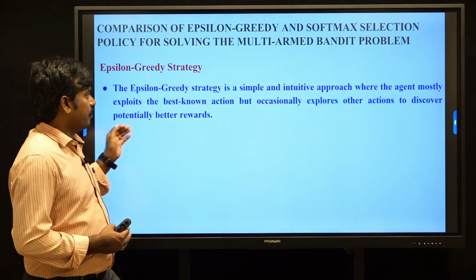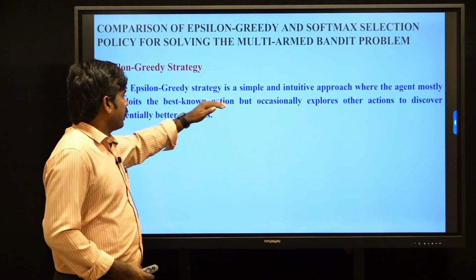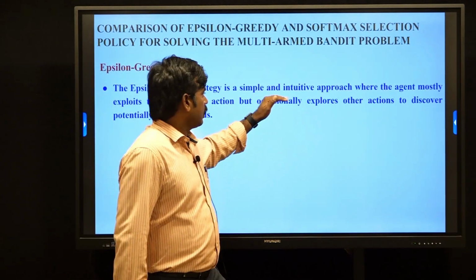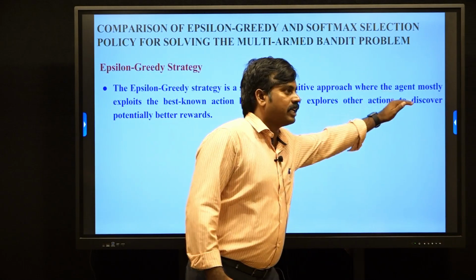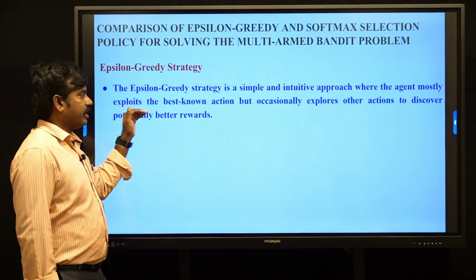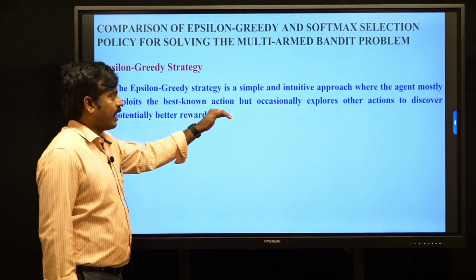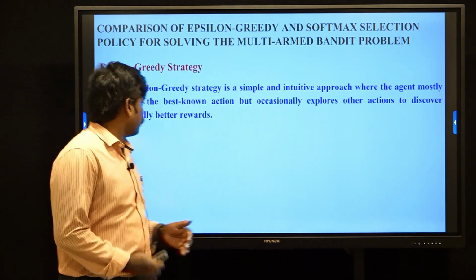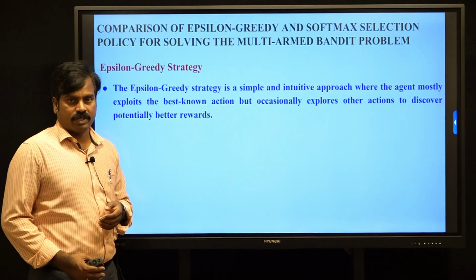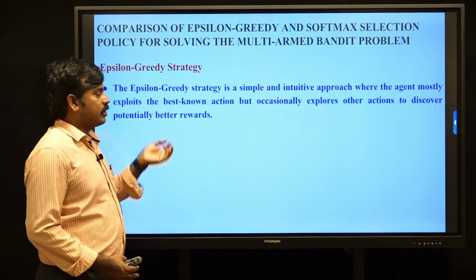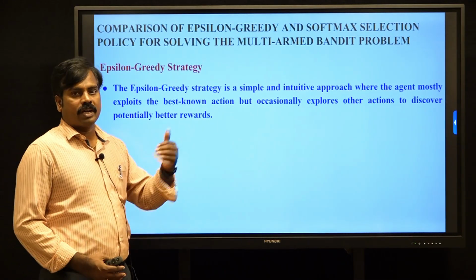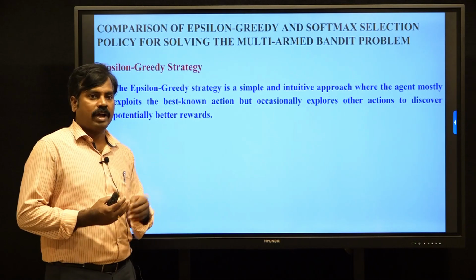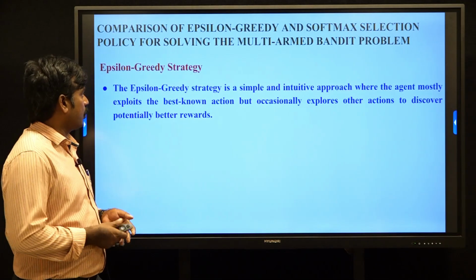The Epsilon-Greedy strategy is a simple and intuitive approach where the agent mostly exploits the best known action and occasionally explores other actions to discover better rewards. The agent is more concentrated on exploitation and less focused on exploration.